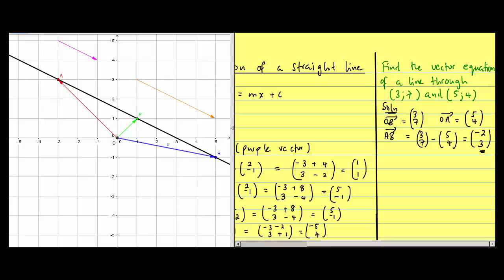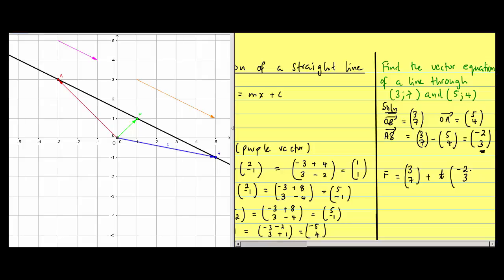Now the equation is going to be given by the location of the point P along that line, and we agreed that we're going to use the vector r to show that position, and I can use any of these two position vectors. I'm going to choose this one, so r is equal to (3, 7) plus a series of steps, which we are going to call t, multiplied by the direction vector, which is equal to (-2, 3).